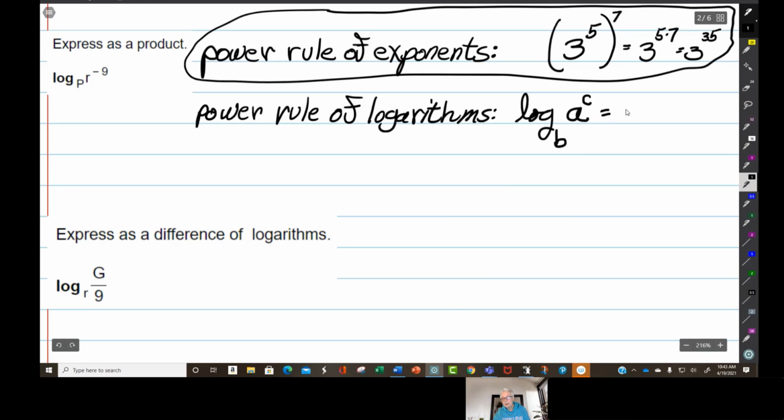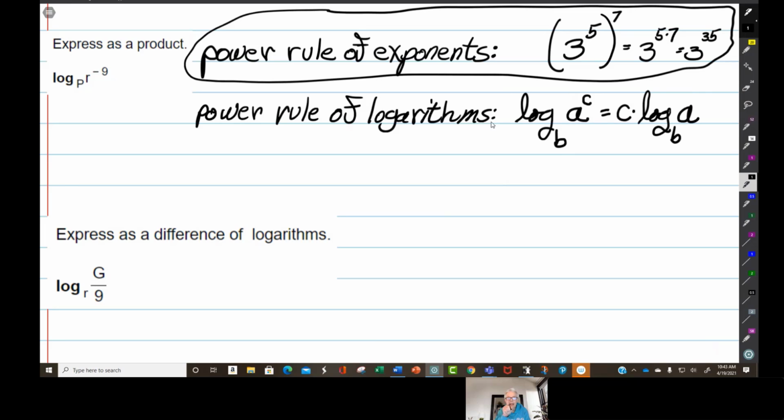You take the power and you multiply it by log base b of a. So the power, the exponent, gets moved down in front.